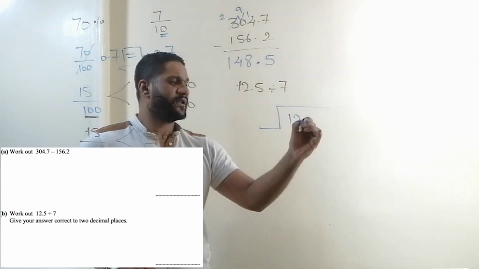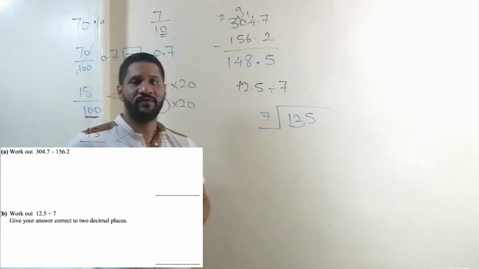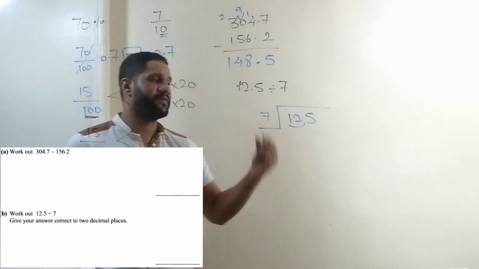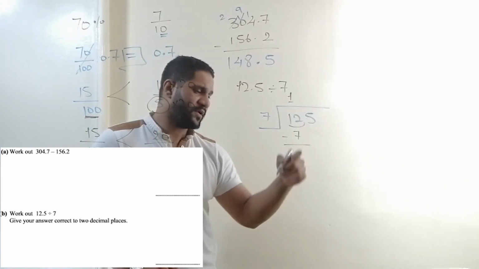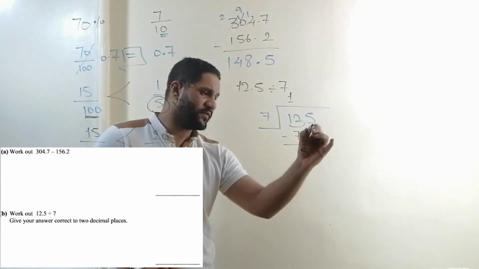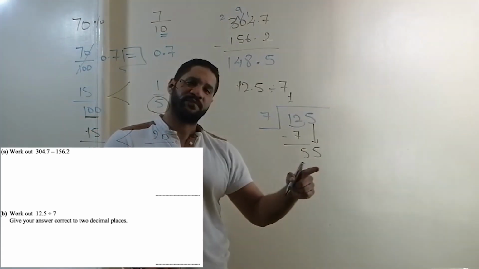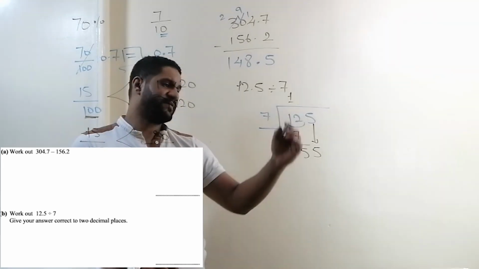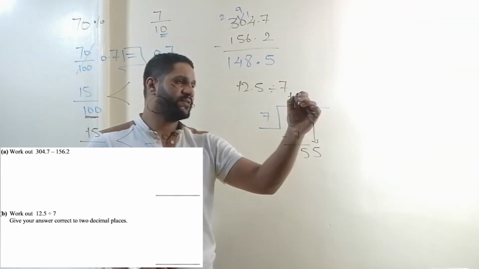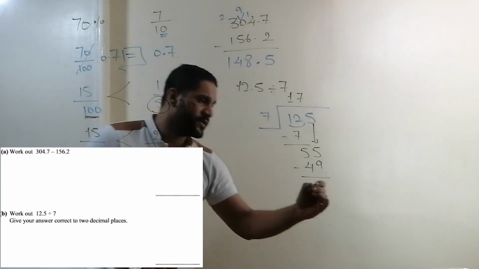I will put here 125 and here the 7, starting with the 12. 12, the nearest multiple in 7 is 7, so I'll put here 1, subtract 7. 12 minus 7 gives 5, and this 5 will go down. In table 7, the nearest multiple to 55 is 7 times 7, so here I'll put 7, and here I'll subtract 49, so it will give 6.